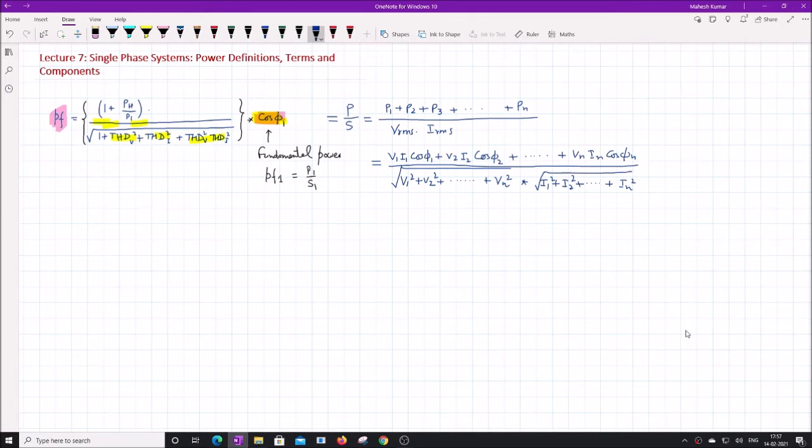These are the same expressions, the way we express is different. This is in terms of the active power and the THDs, this is in terms of voltage and currents and the respective power factors. But both are derived based on this definition, P by S, because this is the fundamental definition of power factor.